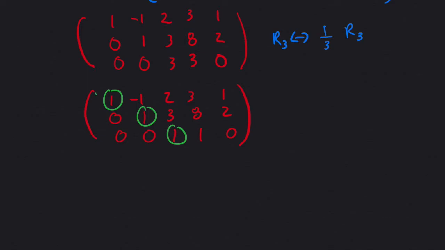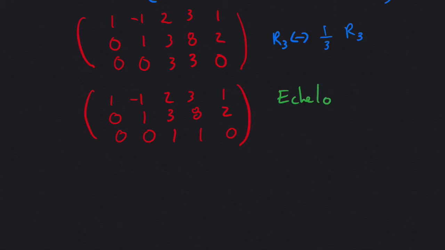The important part about the echelon form is that it has to have zeros underneath the staircase. If that's true, then I already have my echelon form.